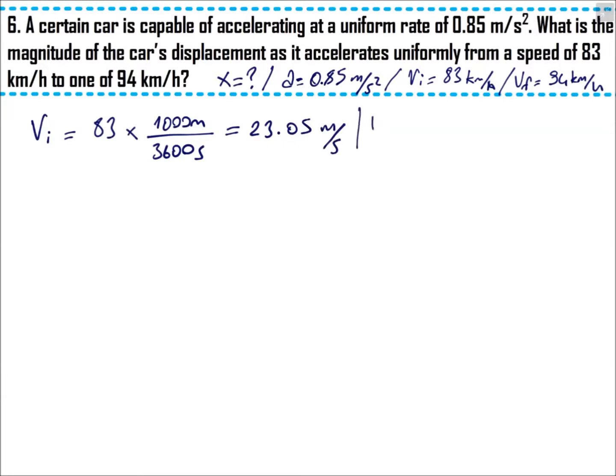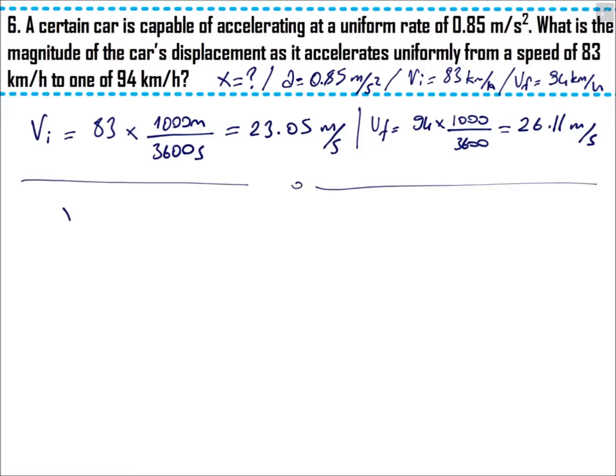And we will do the same steps. I will convert it to meters per second, 94 times 1000 over 3600, so it's going to be 26.11 meters per second. And these are the givens.